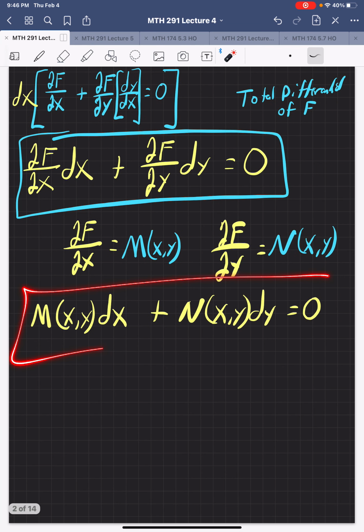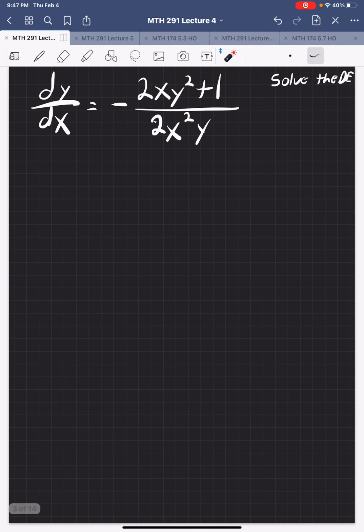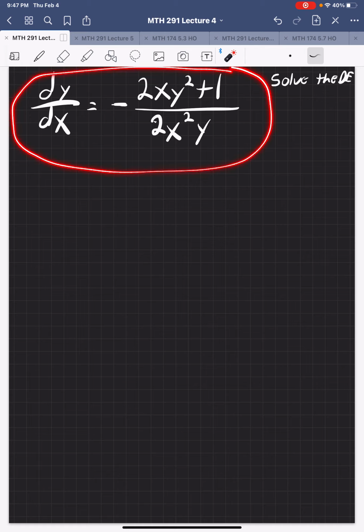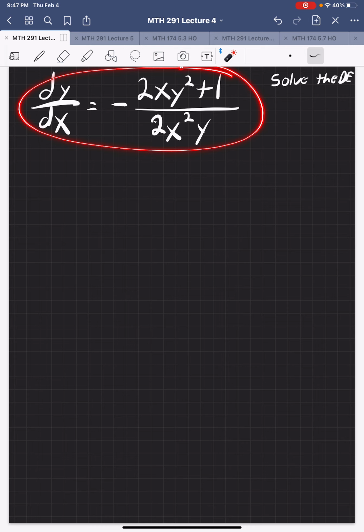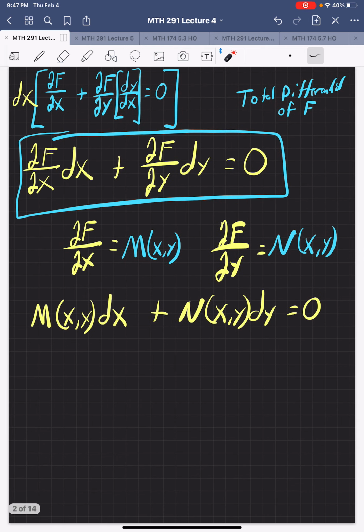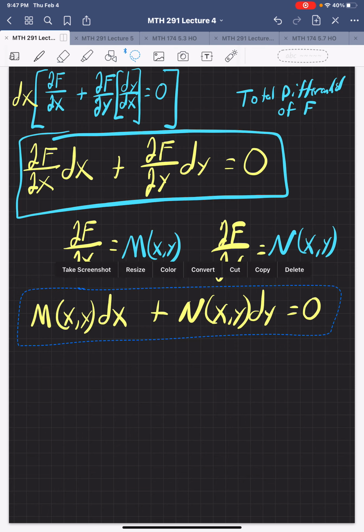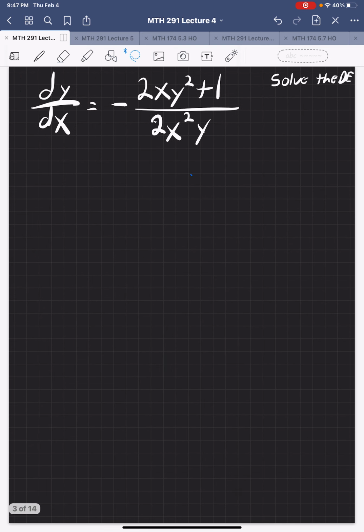Well, this is going to be our definition that we'll get to in just a little bit of an exact differential equation. But here's what I'm going to do right now. First, let's just practice. This is an exact equation, but let's practice going from its current form to the following form.